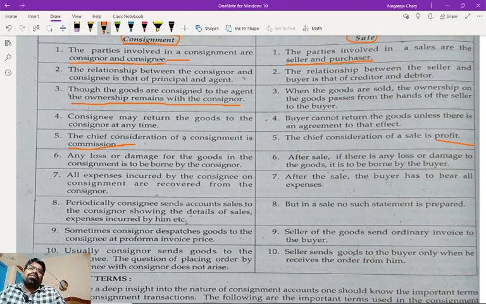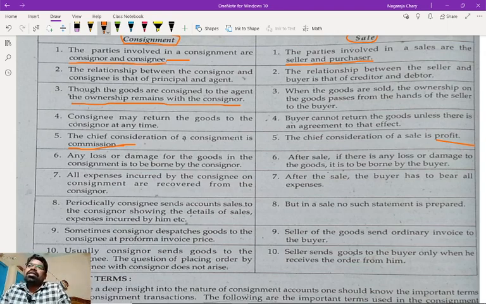Before completion of the sale, that is the responsibility of the seller himself. After completion of the sale, any loss or damage is to be borne by the buyer, right?